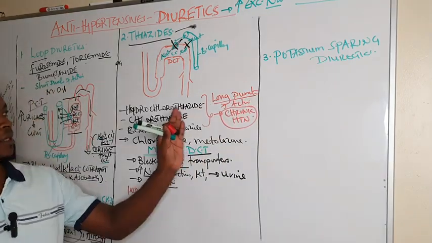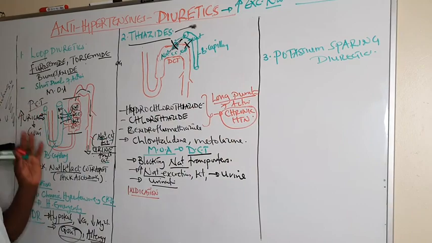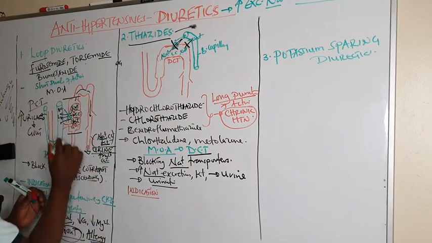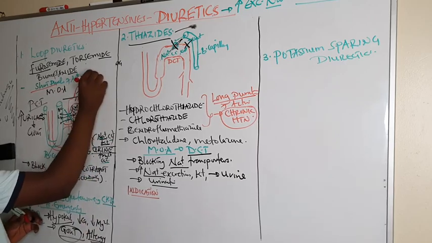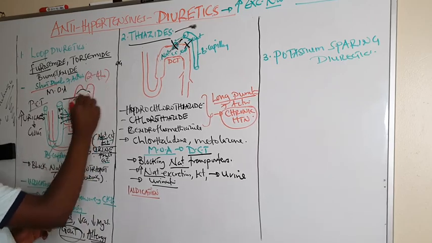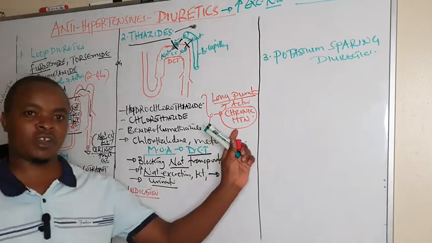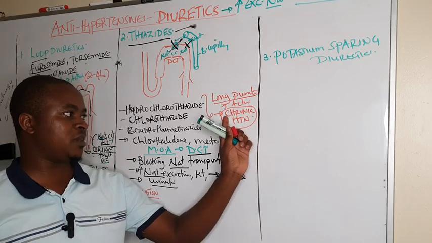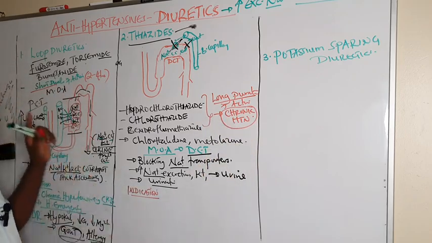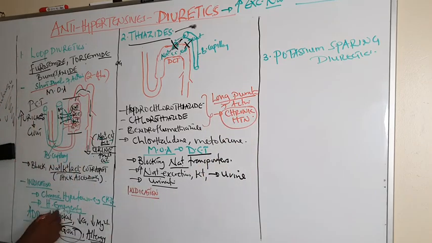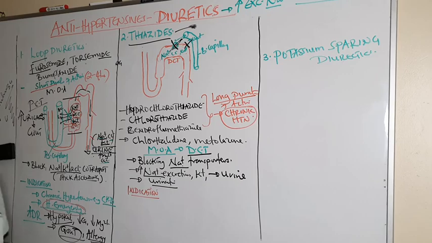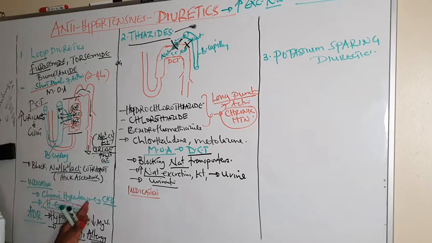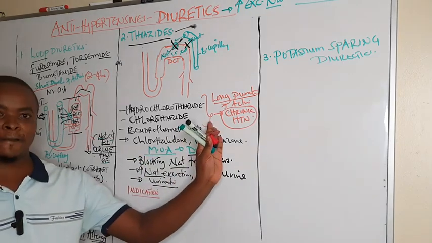Loop diuretics have a short duration of action, between 2 to 4 hours, but these have a longer duration of action. That's why we are indicating them in chronic hypertension, whereas loop diuretics we use in hypertensive emergencies. So that is their indication.